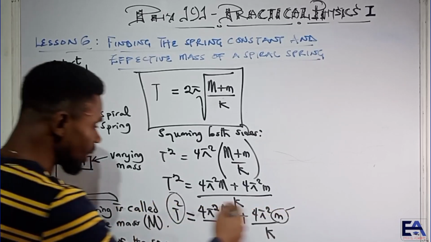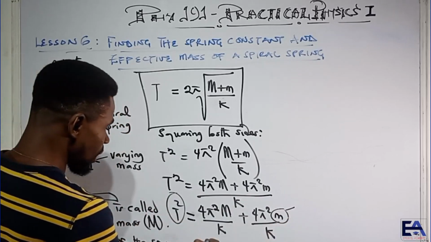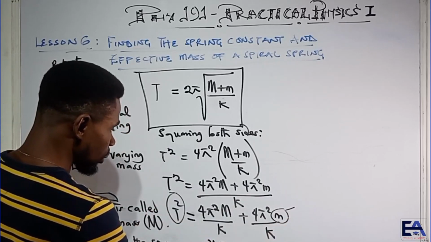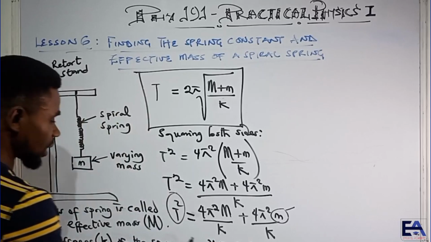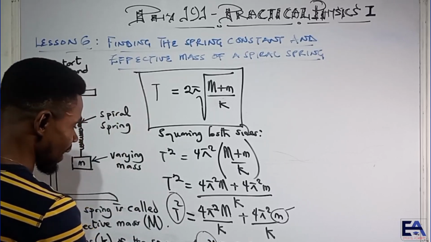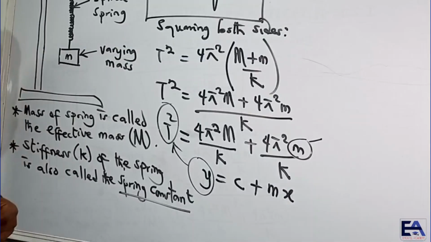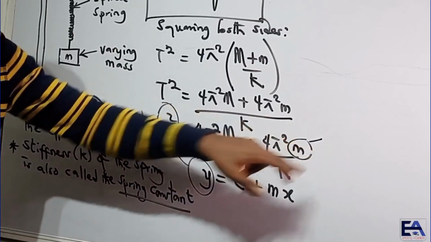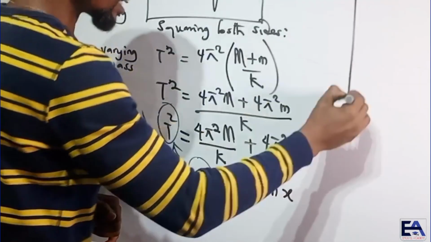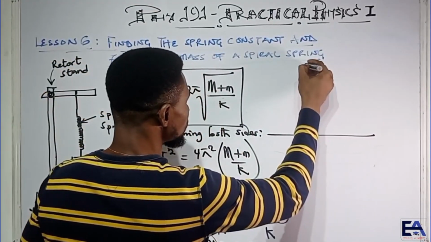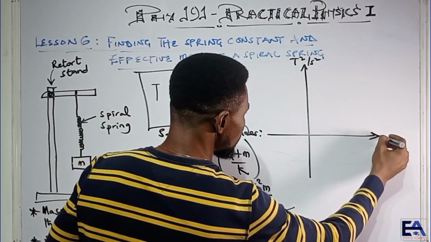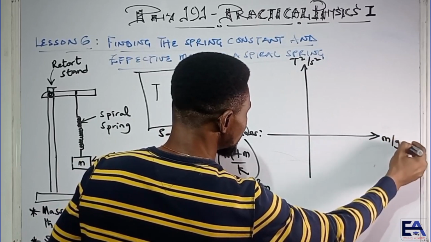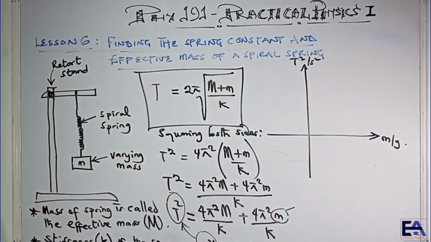So if we compare all this, you have something like y is equal to c plus mx. Meaning this y is like t squared, because we are going to be plotting a graph of t squared in seconds squared against m in grams.